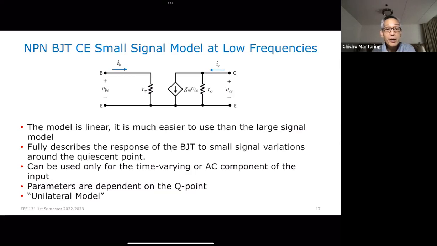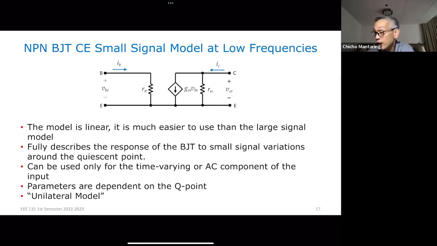Okay, warning, it can only be used for time varying or the AC component of the input. And remember that all of these parameters, R pi, GM, and RO, which is 1 over GO, are dependent on the Q point. So you have to know what your operating point is for you to compute for all of these parameters. And then the other thing that you must remember is this is a unilateral model.